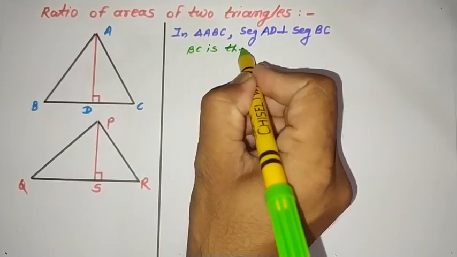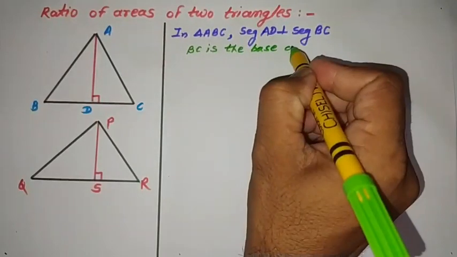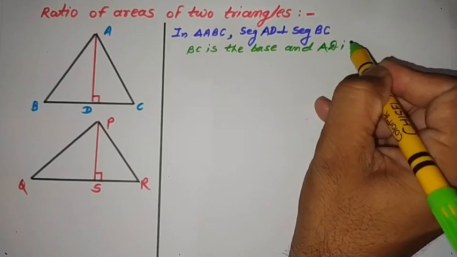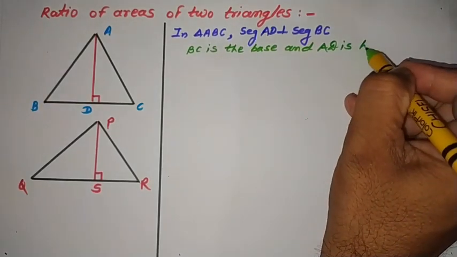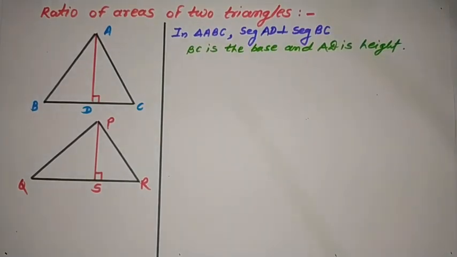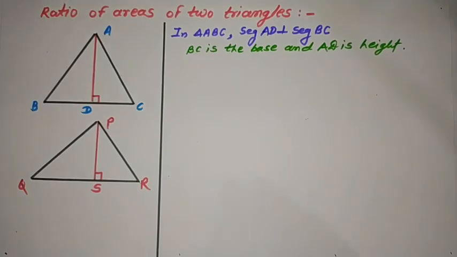Segment BC is the base and segment AD is the height.